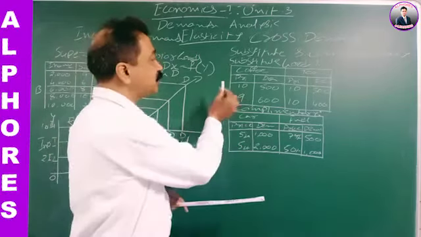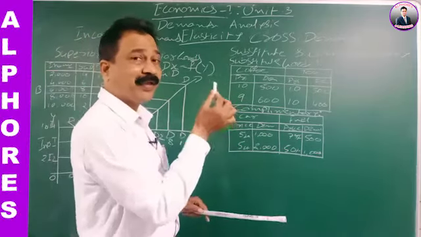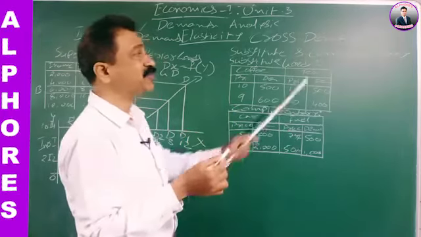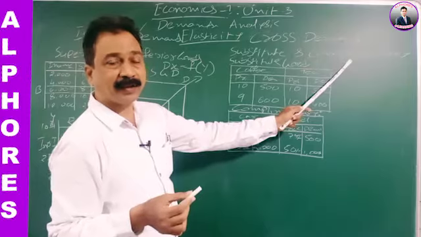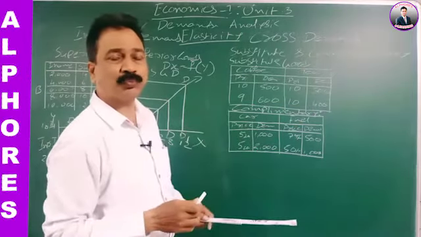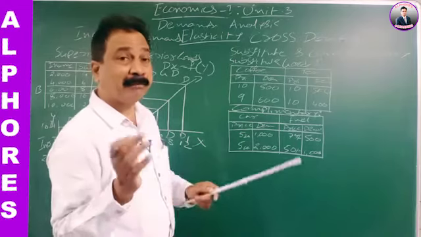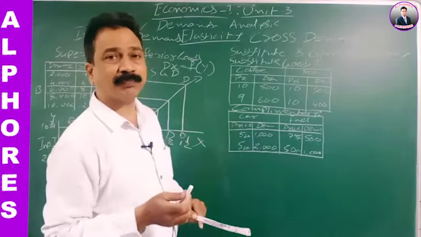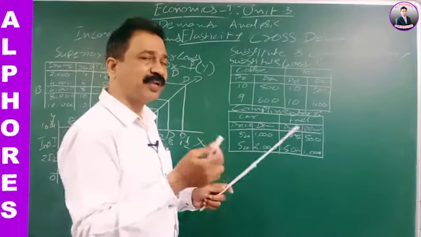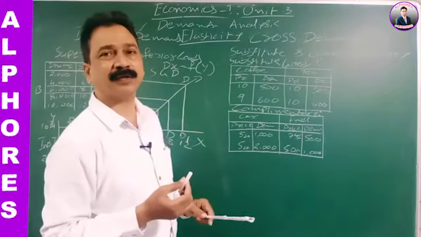Complementary means supporting, helping. Which helps us to use a certain commodity is complementary. Like chalk to the board, socks to the shoe, milk to the coffee. Those are all complementaries. Sugar in a cup of tea, complementary.